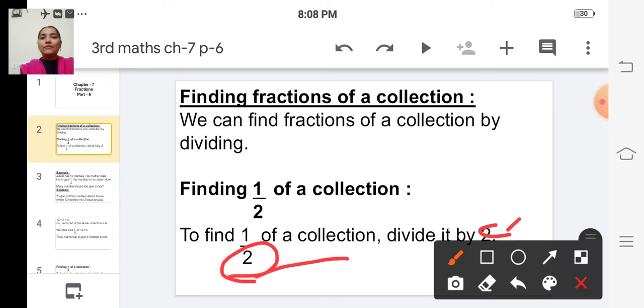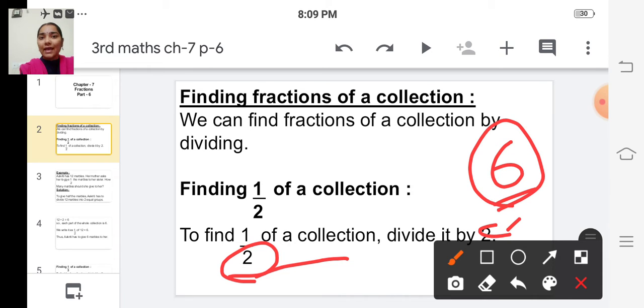For example, imagine that you are having 6 chocolates, and you want to share these 6 chocolates with your friend equally.